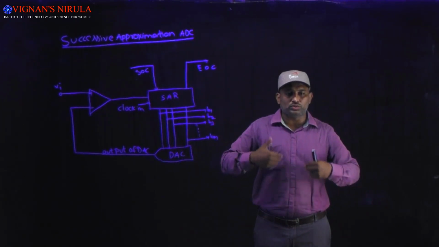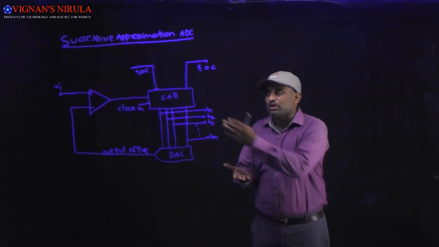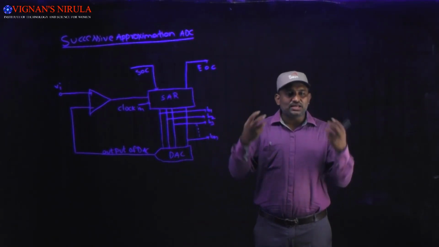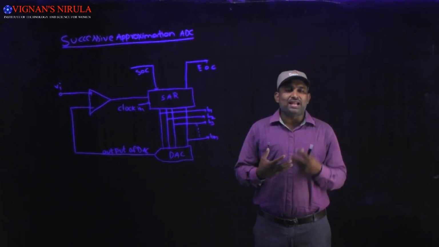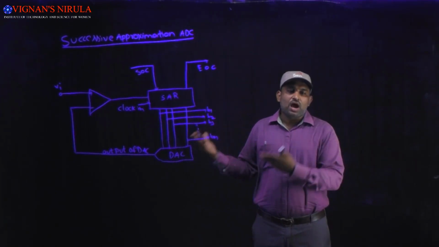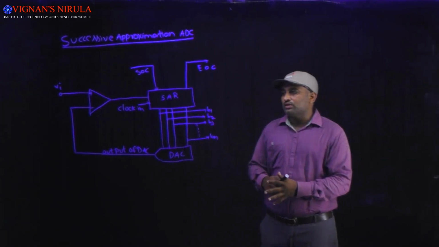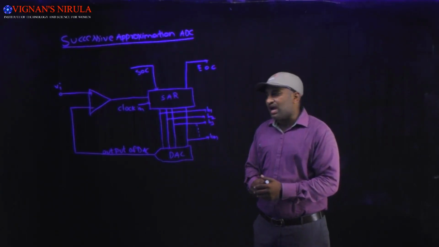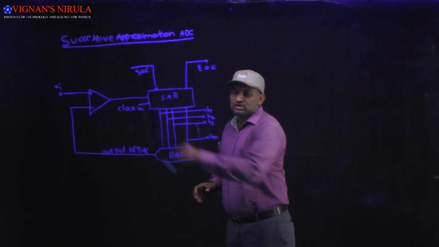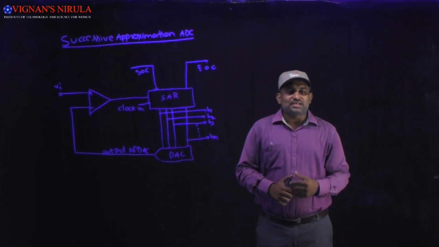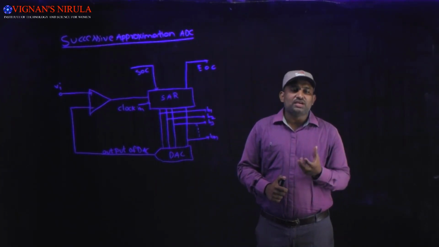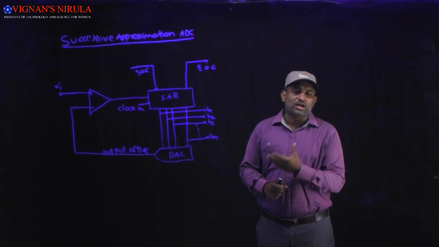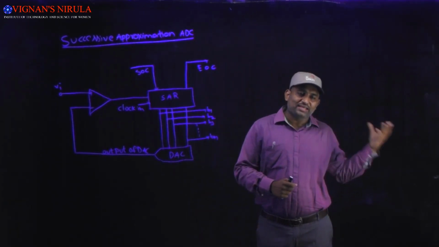What I am going to tell you is that the successive approximation ADC is similar to finding an unknown weight with a balanced scale and setting the appropriate value. Here I use the balanced scale as the DAC and comparator. And the successive approximation register consists of values, some values such as 1, 2, 4, and so on.